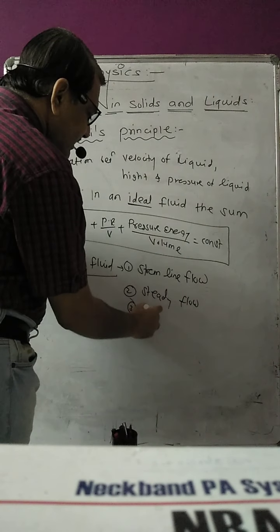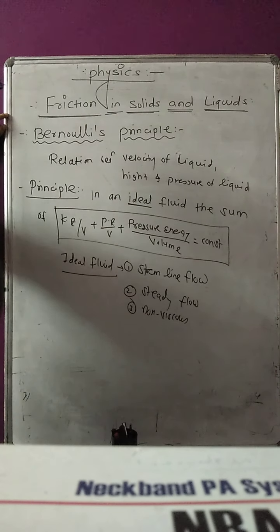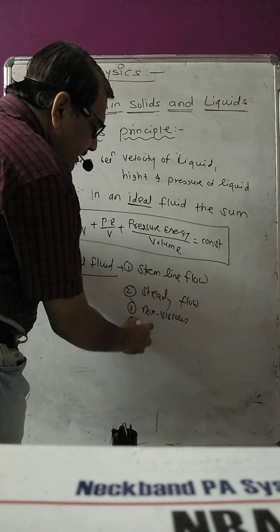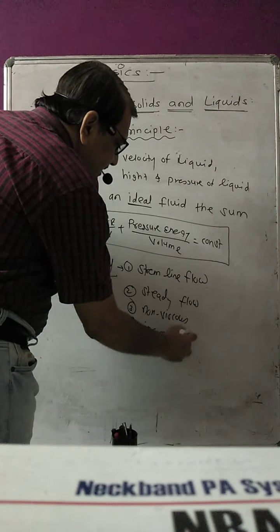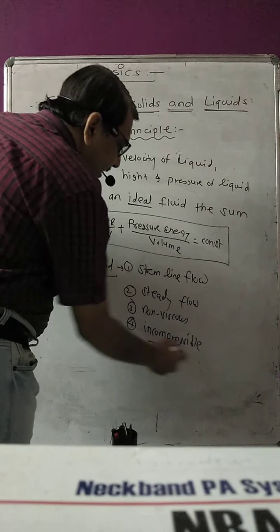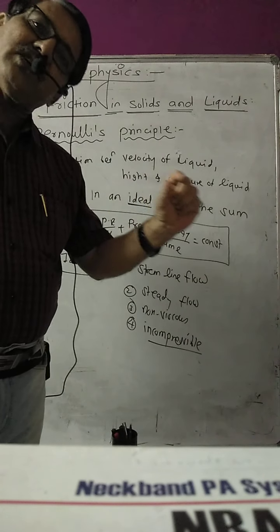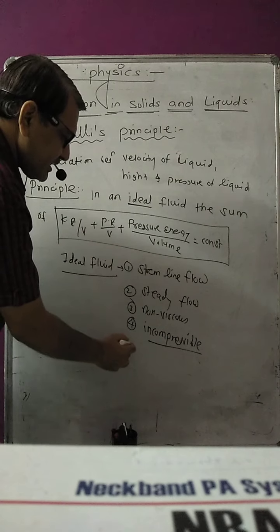Third, non-viscous fluid. Non-viscous means the viscosity of that fluid will be 0. Fourth, the fluid should be incompressible. What do you mean by incompressible? That means the density of the fluid remains constant throughout its motion. So that is called incompressible.